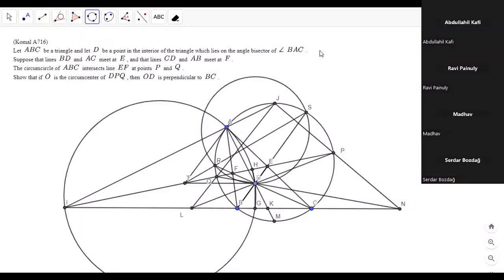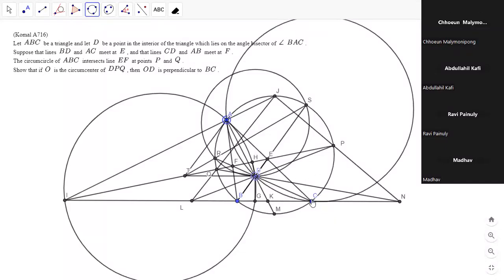AR over AS, we can invert to sin ACD. AR over AS is sine ACR over sine ABS.